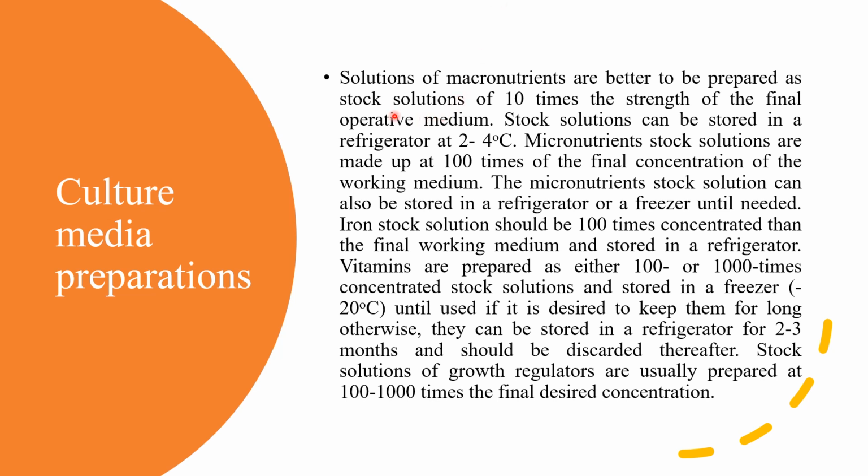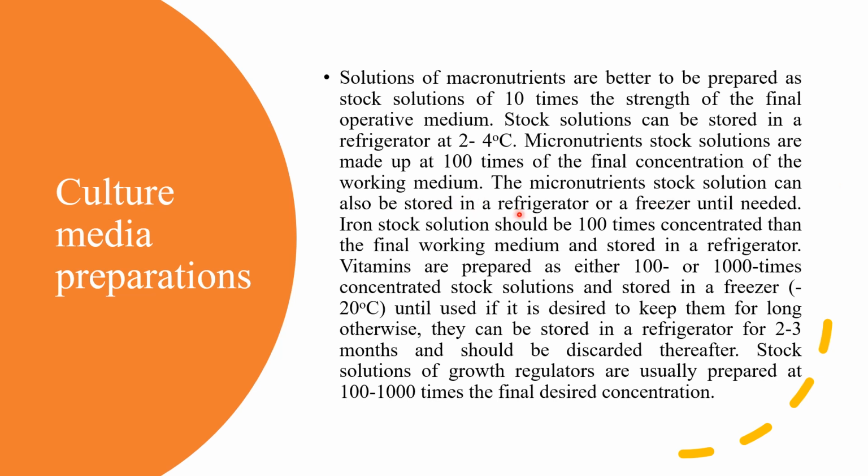The solutions of macronutrients are better prepared as stock solutions of 10 times the final strength. The stock solution can easily be stored in the refrigerator at a temperature of 2 to 4 degrees Celsius. Micronutrient stock solutions are made up at 100 times the final concentration of the working medium.